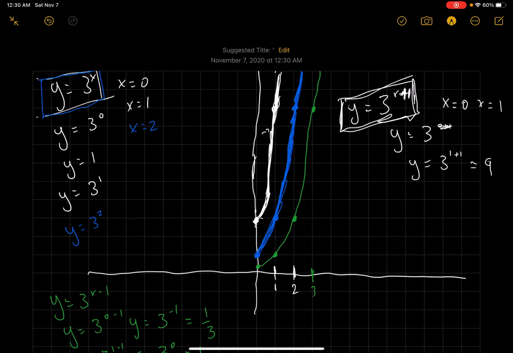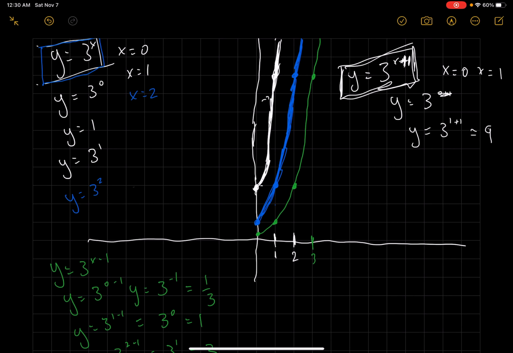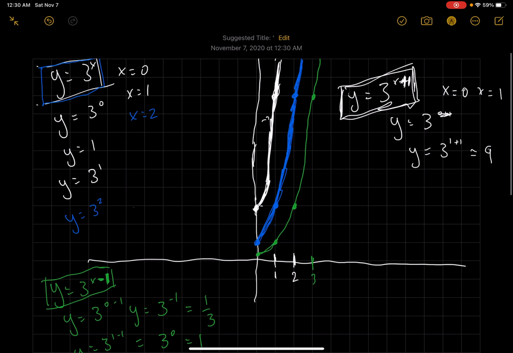So you see here, when we subtract 1 in the exponent, what happens? The equation shifts rightward.